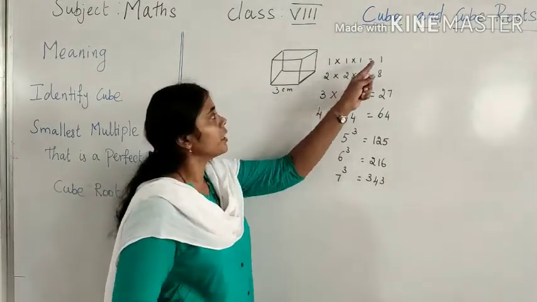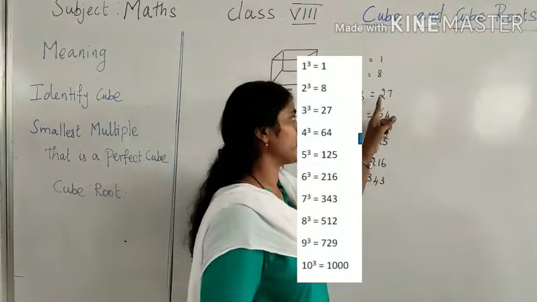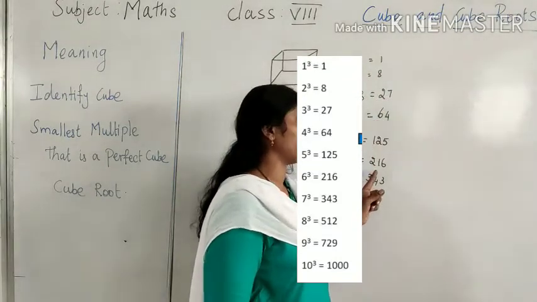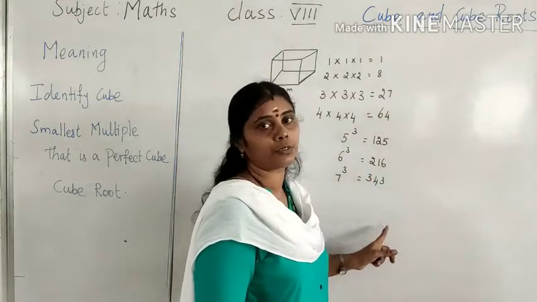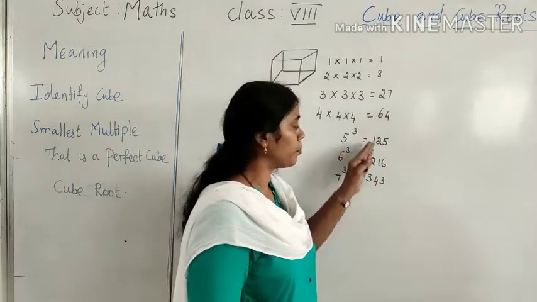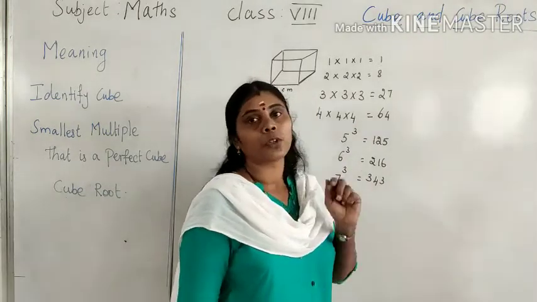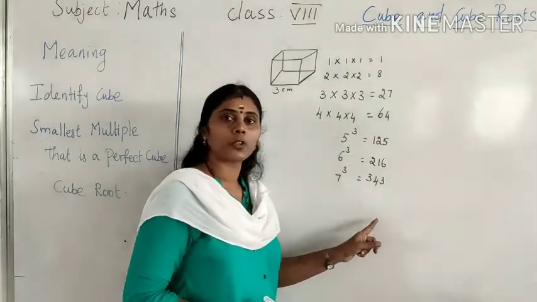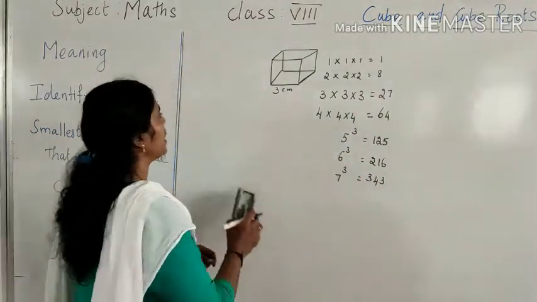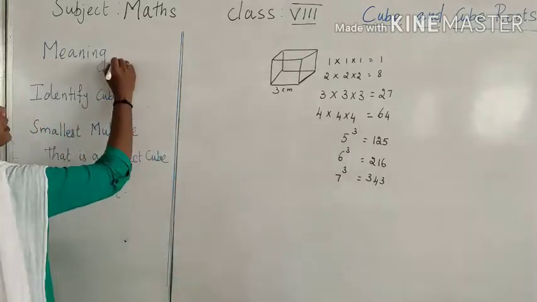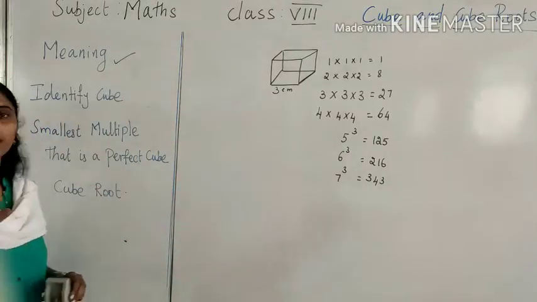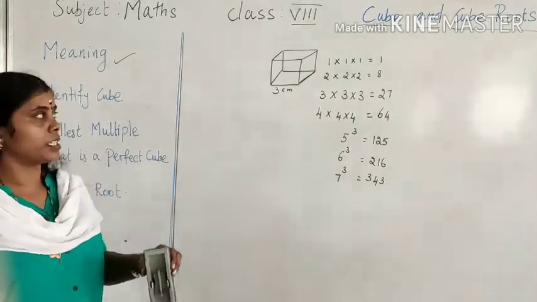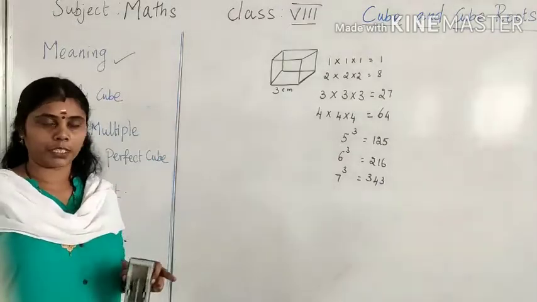So 1, 8, 27, 64, 125, 216, 343, 512, like that the numbers go on. These are all cubes of numbers. These numbers are called cube numbers, right? So you know the meaning of cube now. The number multiplied 3 times is the cube of a number.